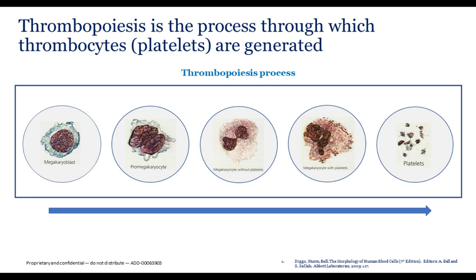Depending on the physiological need of new platelets, endomitosis stops and the formation of platelets begins. Through a process of cytoplasmic budding, each megakaryocyte is able to generate between 2,000 and 5,000 platelets, which then circulate in the peripheral blood for about 5 to 10 days or become pooled in the spleen.